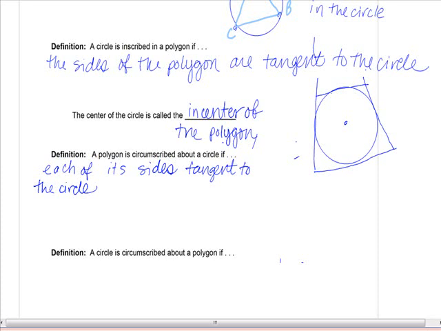So you could say here that if I label this A, B, C, D, and I called this circle P, I could think of it two ways.